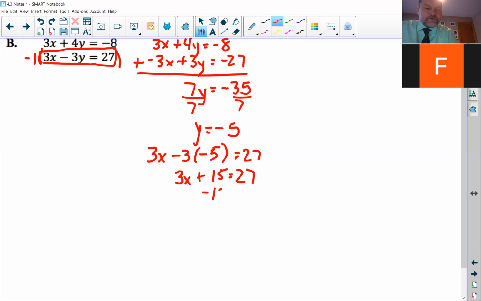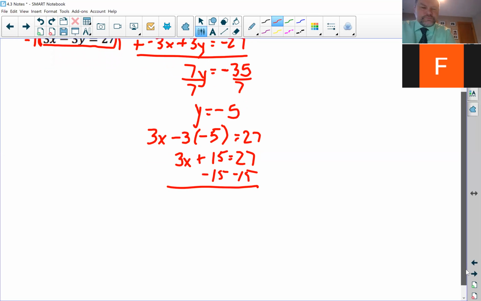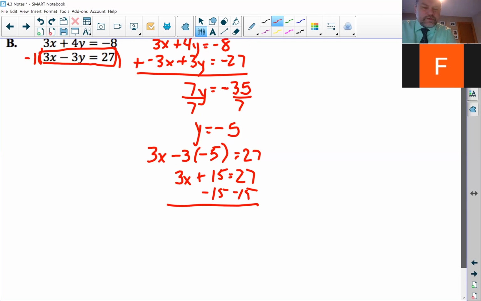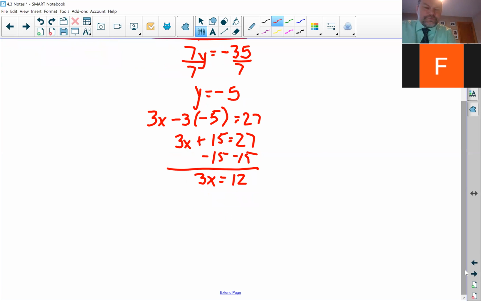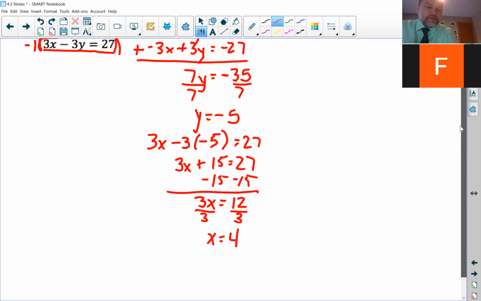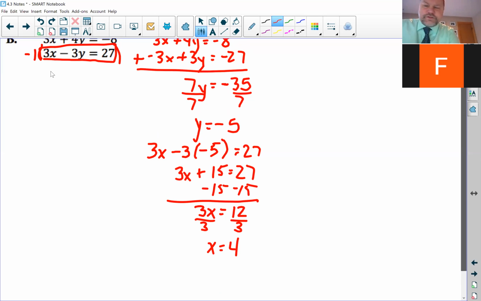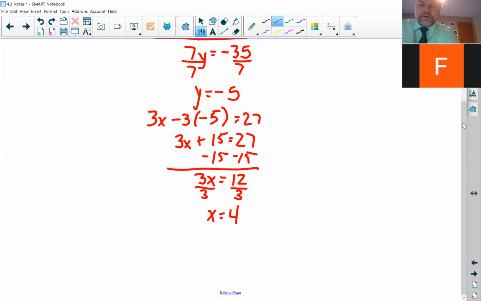Subtract 15 from both sides of the equation. 3x equals 12. So x equals 4. So my solution appears that it's going to be 4, -5.